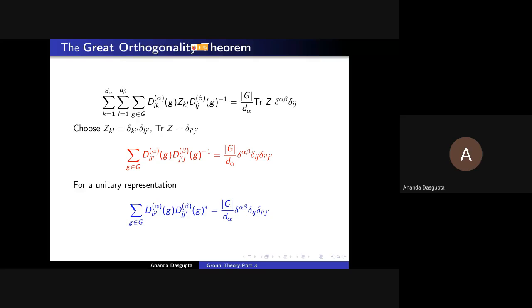Then what will happen? Can anybody tell me what happens to the left hand side then? The full left hand side, what does it read now? I am putting i equals i prime, j equals j prime, and summing up over all i, all j, whatever is on the left hand side.